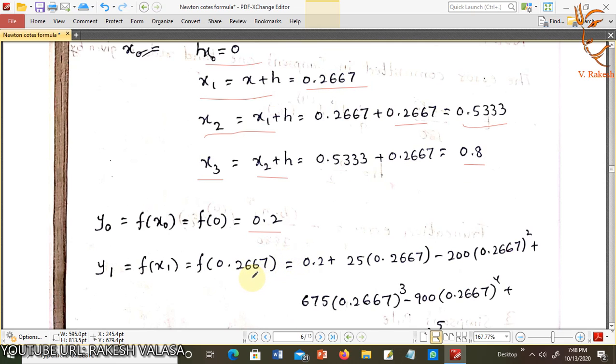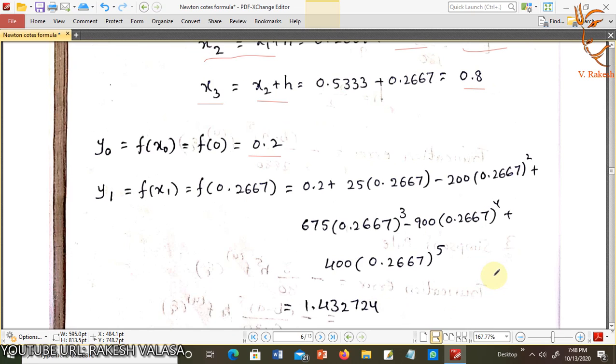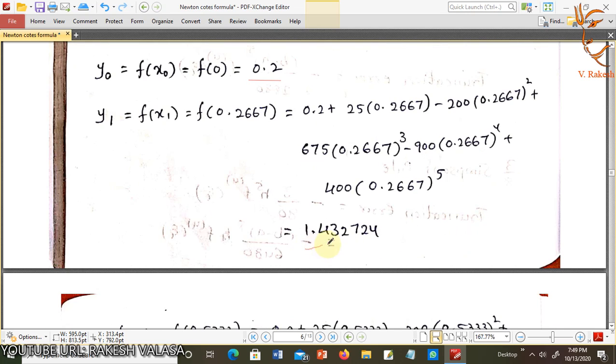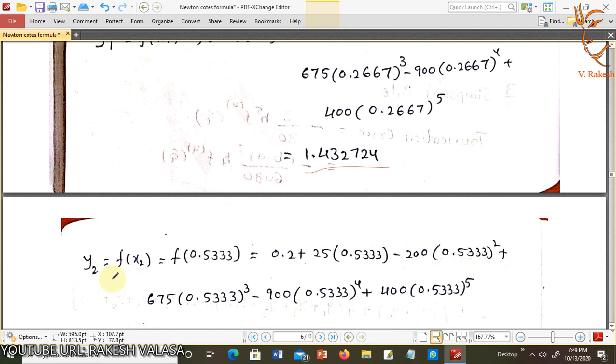Now substitute this x1 value in the given function, that is 0.2 plus 25 into 0.2667 minus 200 into x square, that means 0.2667 whole square, plus 675 into x1 cube minus 900 into x1 power 4 plus 400 into x1 power 5. Now simplify this term, we get 1.432724.